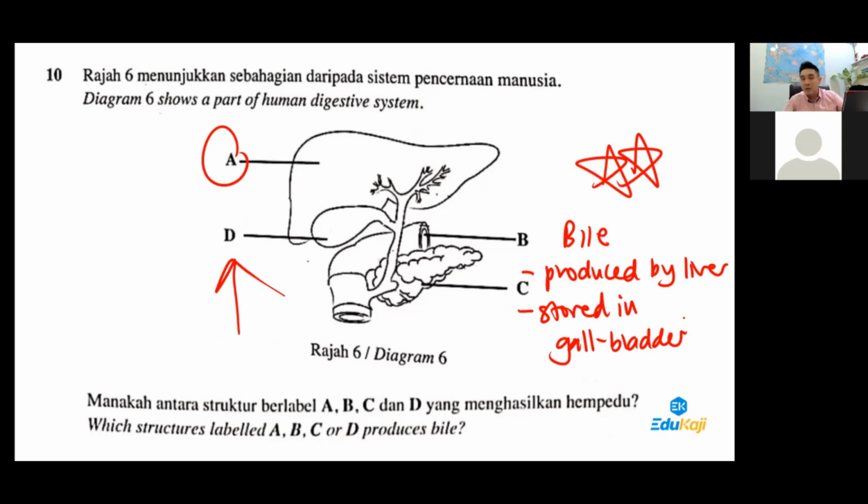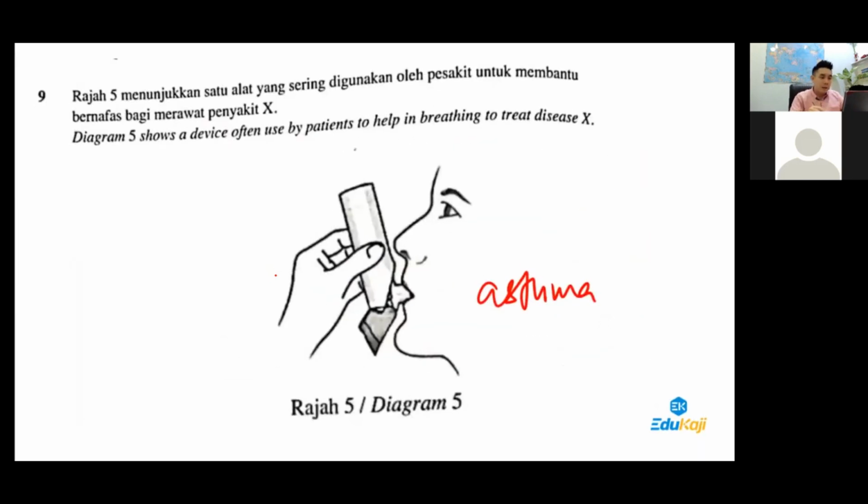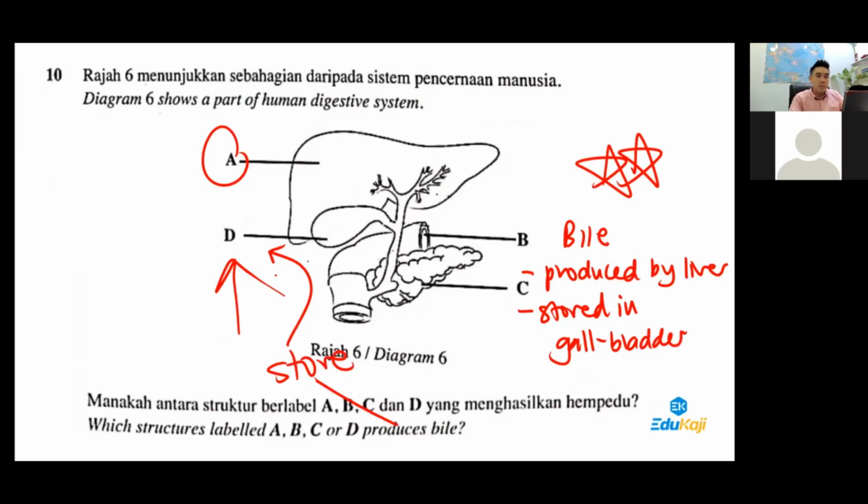So number 10 answer is A. So be careful, if the question asks you where to store bile, then you answer donkey. What is donkey? Gallbladder. Okay, donkey is gallbladder. So number 10 is A, guys, draw 2 stars.